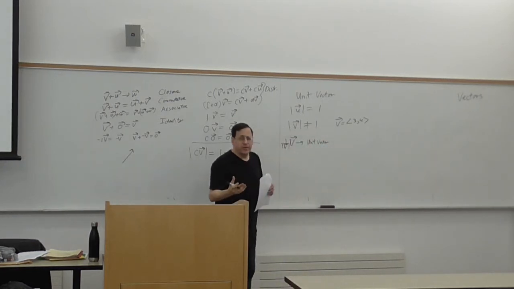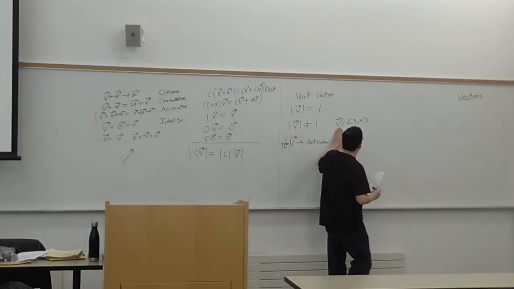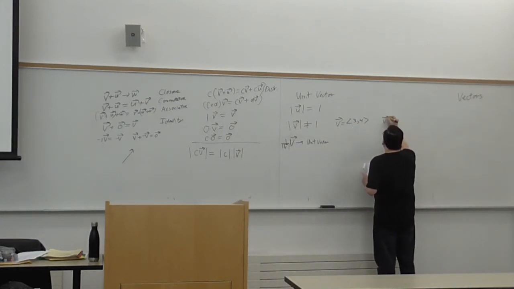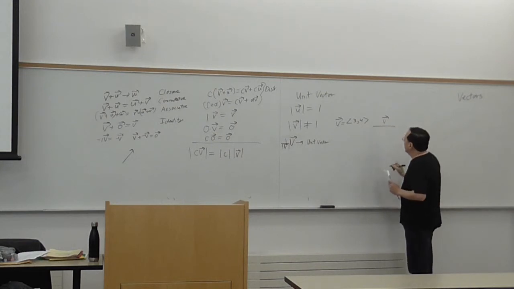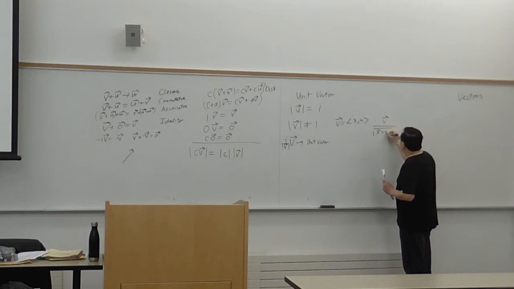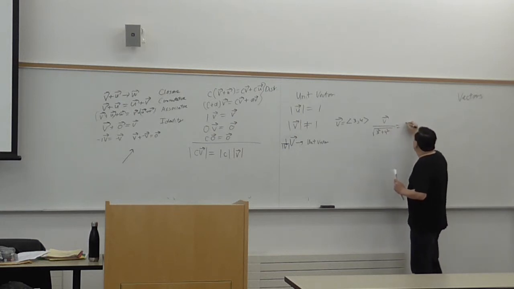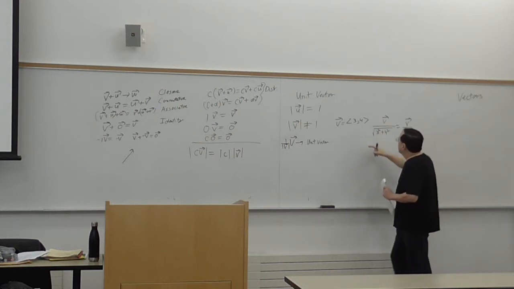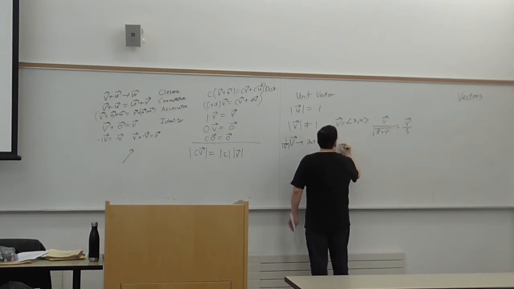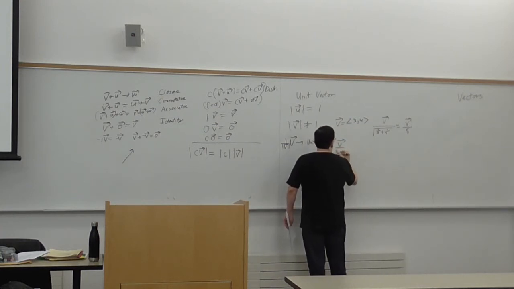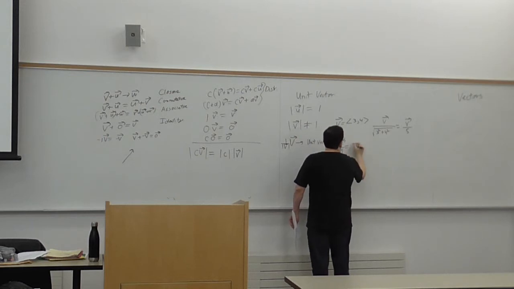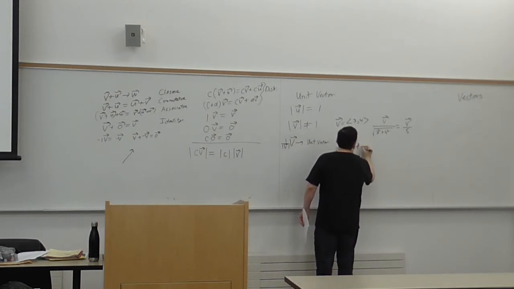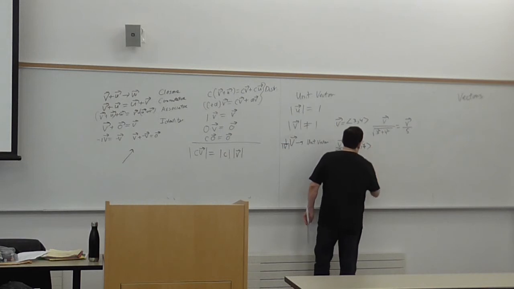Let me demonstrate. I have this vector v, divide it by its norm, which is the square root of 3 squared plus 4 squared. That's 9 plus 16 is 25, the square root is 5. So v over the norm of v is going to be (3/5, 4/5).